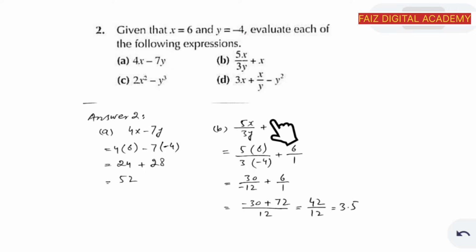In B part, 5x divided by 3y plus x. So first we just put the value of x and y in the expression.